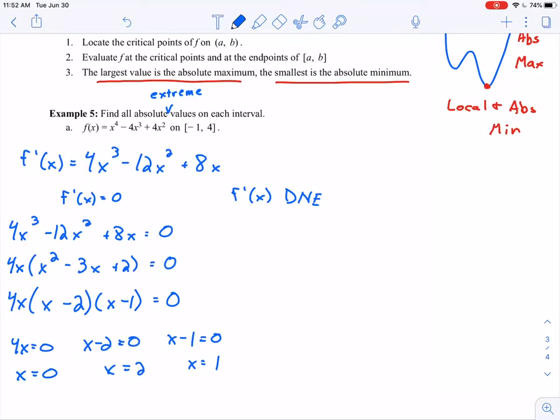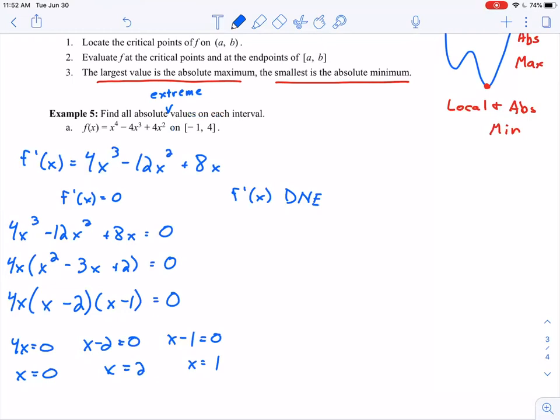So a couple things I want to check here. First thing I want to do is check that all of those points fall in our interval between -1 and 4, because those are the only x values I'm considering right now. Well, 0, 1, and 2, those are all between -1 and +4. So we're good there.